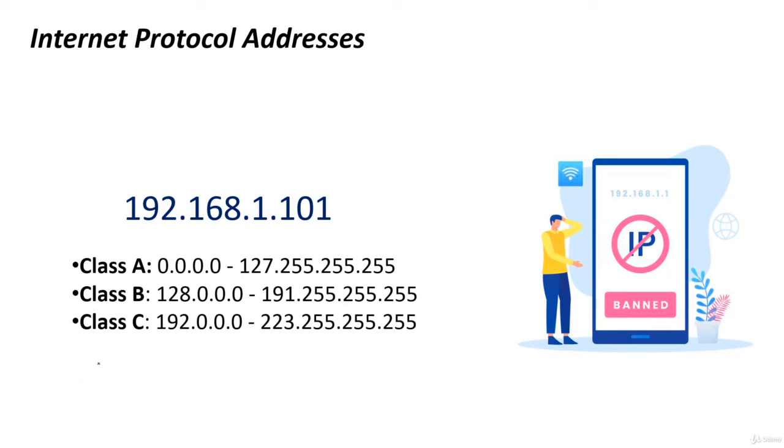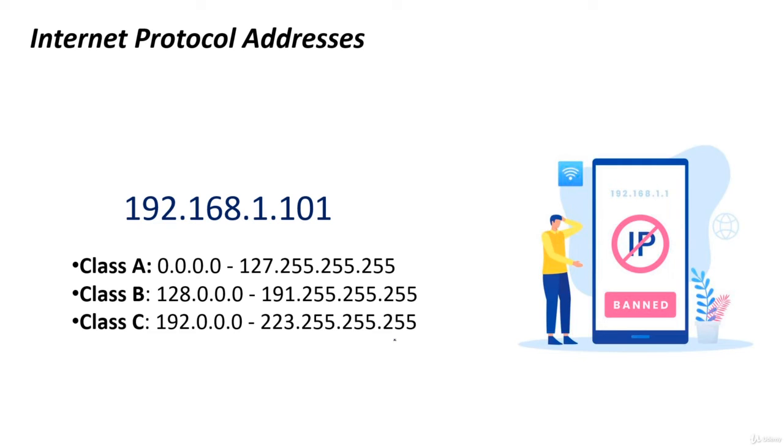If we talk about the classes of IP addresses, IP addresses are generally put into 3 classes. As you can see, the first class that we have here is 0.0.0.0 to 127.255.255.255 like this. And then we have class number 2, this is the class, and then this one and this one. So we have all these kinds of classes. In future lectures, we are going to cover all these classes.